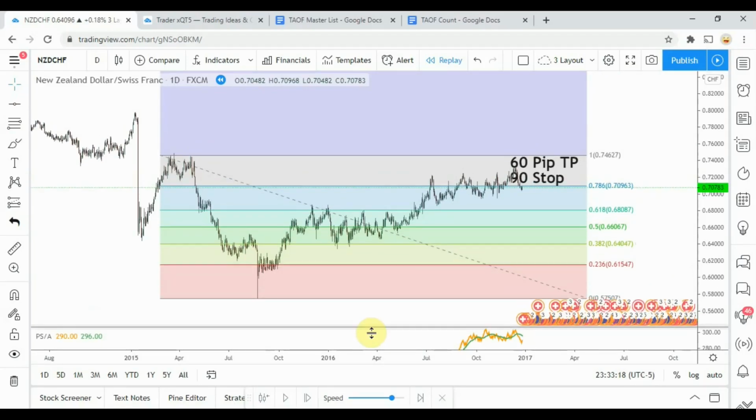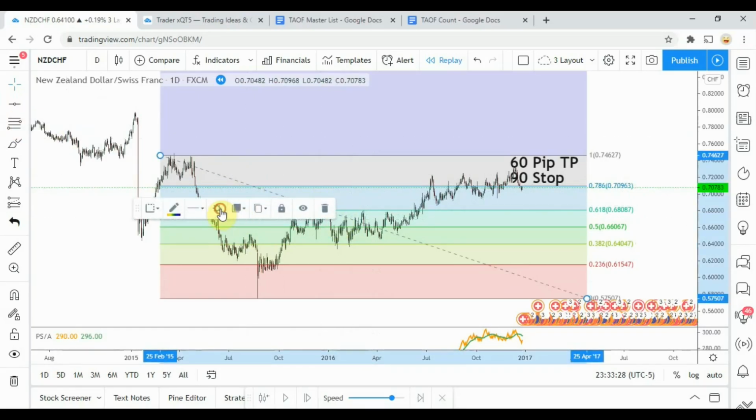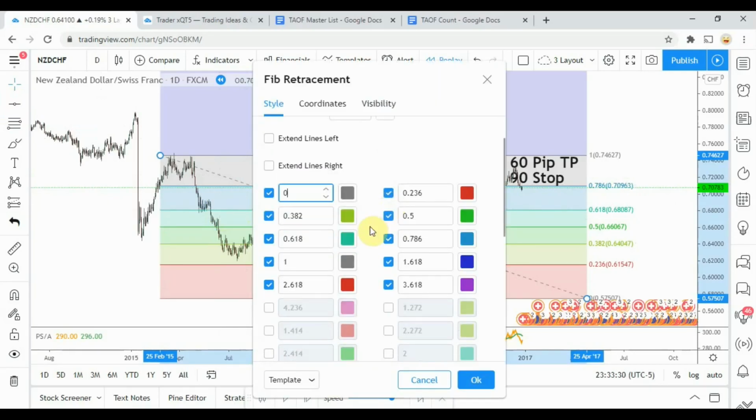Now that we have the Fibonacci level drawn, and I'm using just the basic Fibonacci retracement here, I have these levels set: the first 5 and the next 5, so 10 altogether.